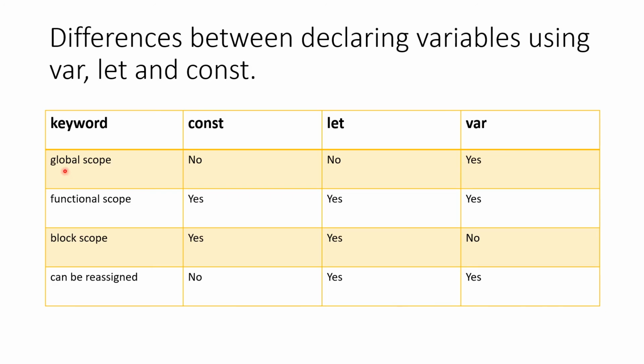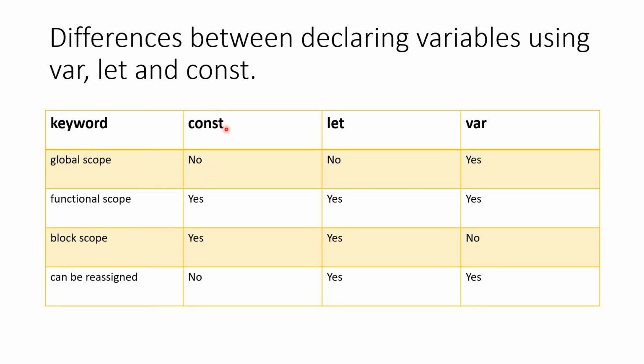So this is the table I was talking about. It will be very helpful for you to understand it. First we'll see the difference between declaring variables using var, let and const. So let's revise what we have studied in this video. Let's start with global scope.